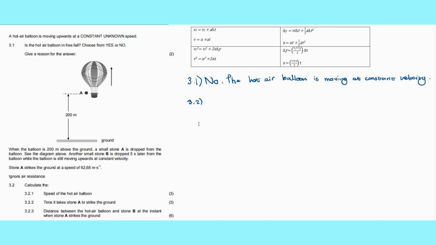So to start off with this question, we need to choose a direction convention. This is chosen arbitrarily or at random. There's no right or wrong direction convention. In this case, I'm going to choose up as positive.